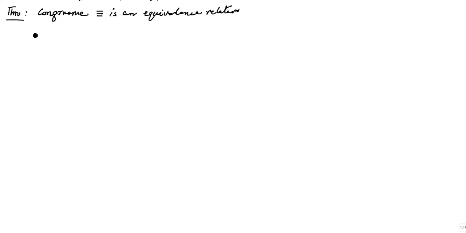Okay, so it means it has three properties: reflexive, symmetric and transitive.